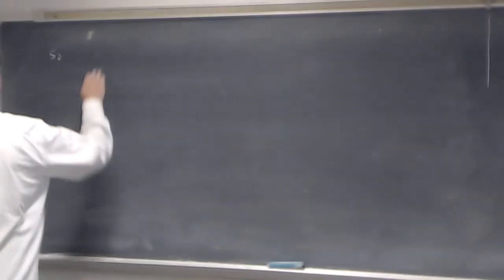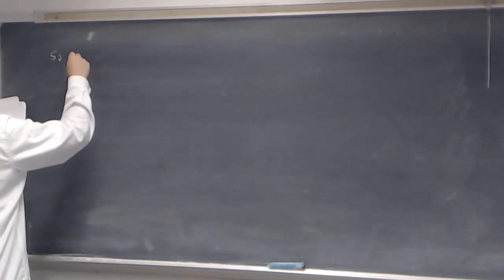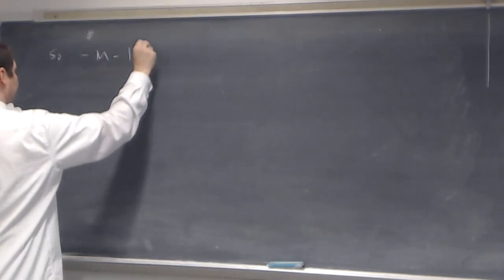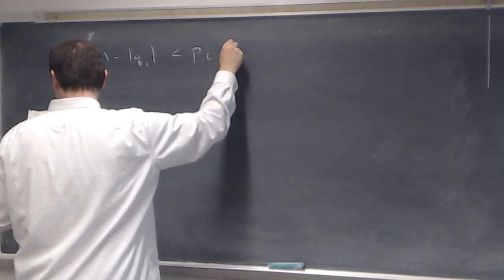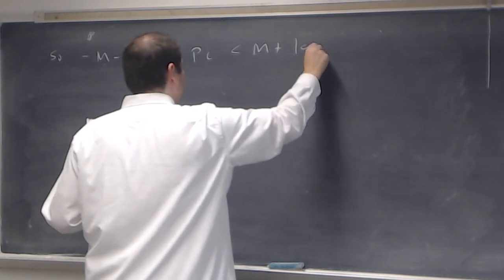And the same thing for the other side, in terms of replacing q_i with the absolute value of q_i. That's going to be bigger. So what we have is that minus m minus the absolute value of q_i is going to be less than p_i, which is going to be less than m plus the absolute value of q_i.